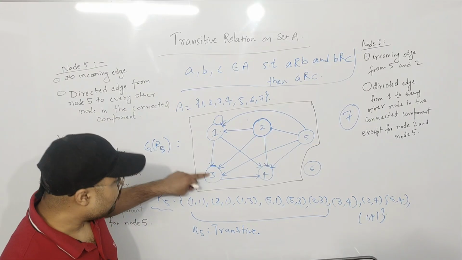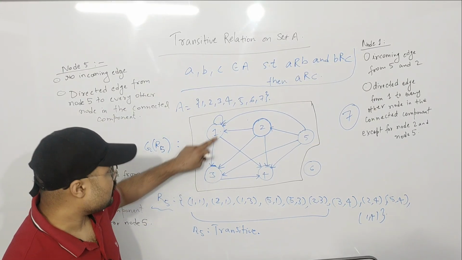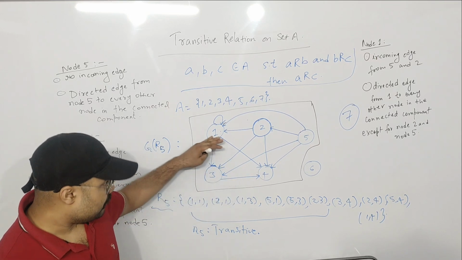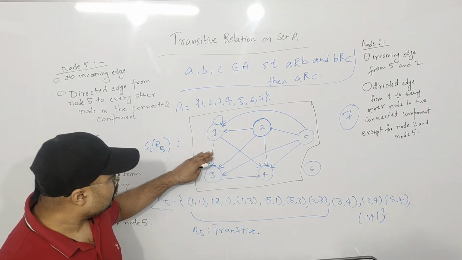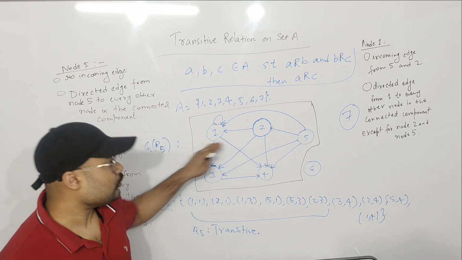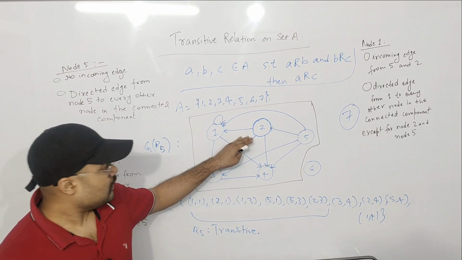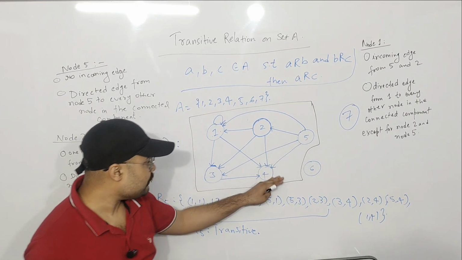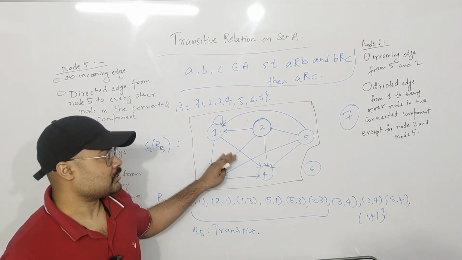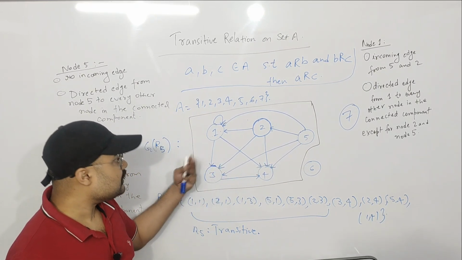From 1, the outgoing edges to other nodes like 3 and 4, and the directed edge from 5 to 3 or from 5 to 4, are because of the transitive constraints.